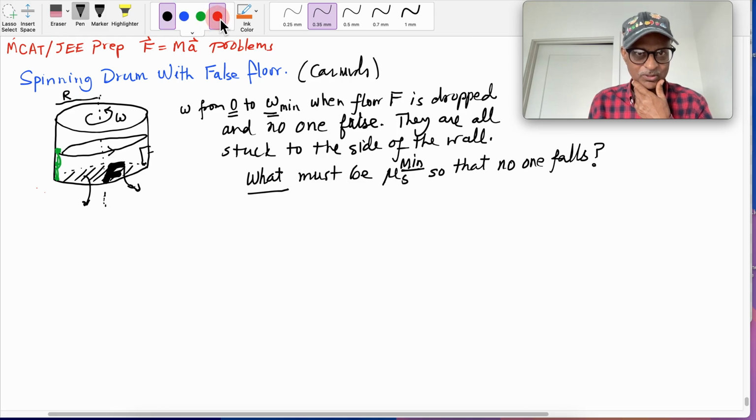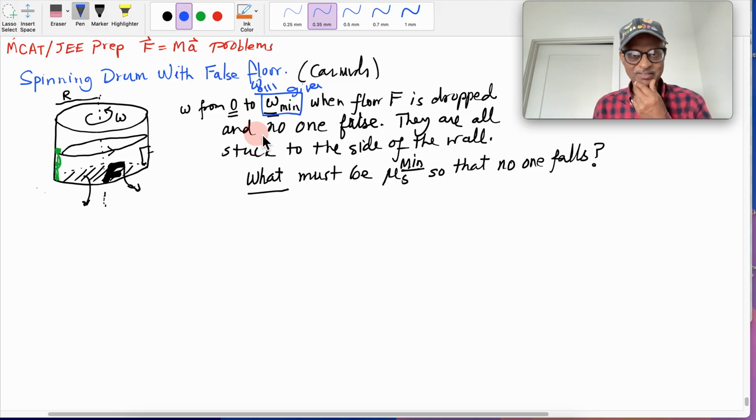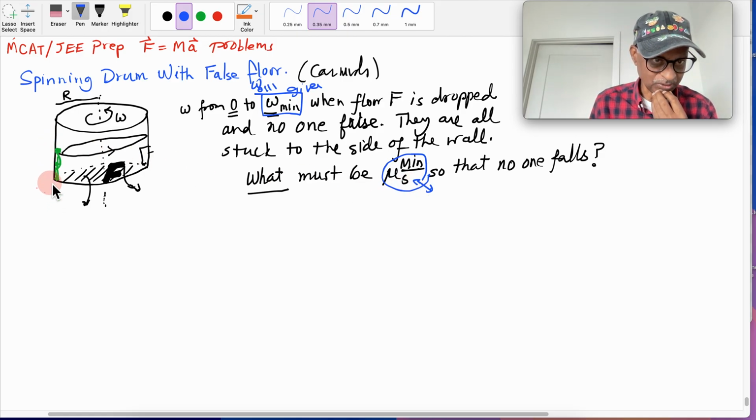Now the question is, given this omega 0, which is given, you have to find the static friction that should be there, otherwise the person is going to start to slide.